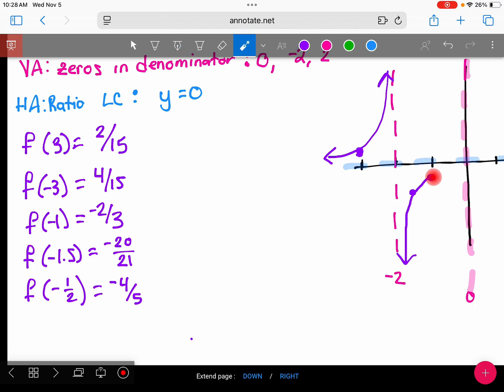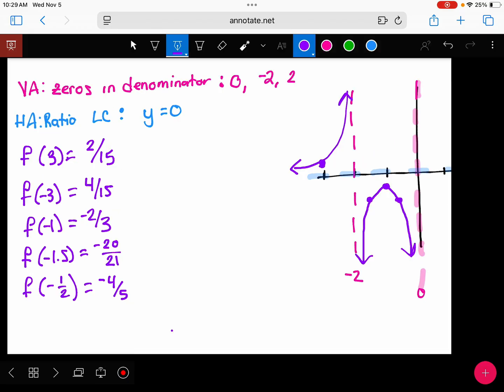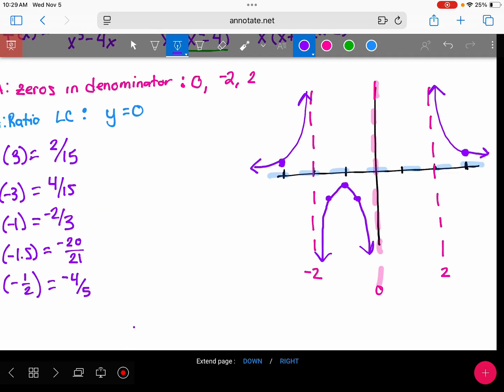And -4/5 is lower. It's down here. So this one, when we plot it up, is going to look like this. It makes kind of a parabola here. So that one doesn't cross our x-axis. If we can't tell what's happening, plot up a point and see if we can figure it out.